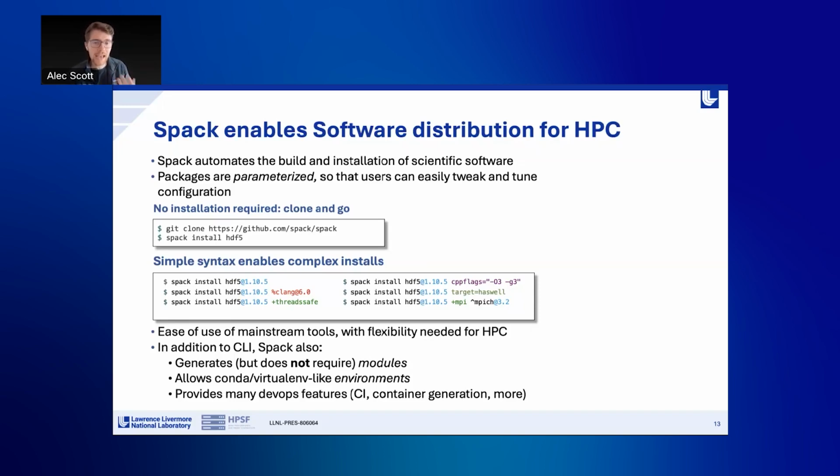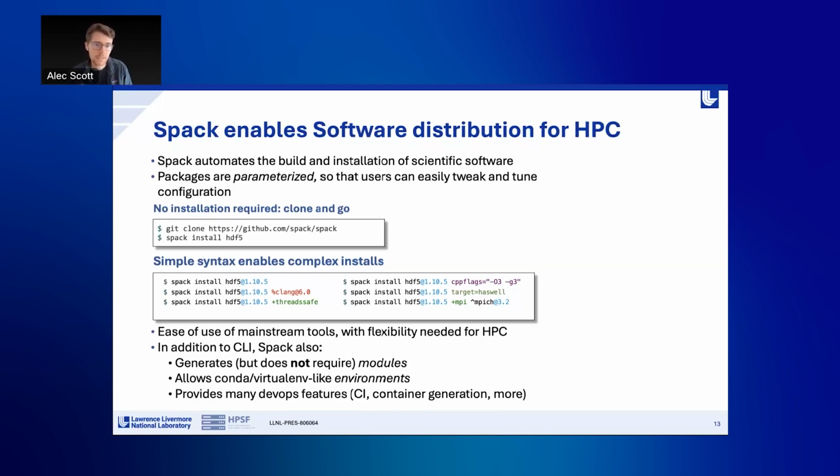And we have this abstract syntax that we call specs, or abstract specs, shown in the second box. Those abstract specs give you a level of portability where you can take the same abstract spec and share it between your laptop and a supercomputer.